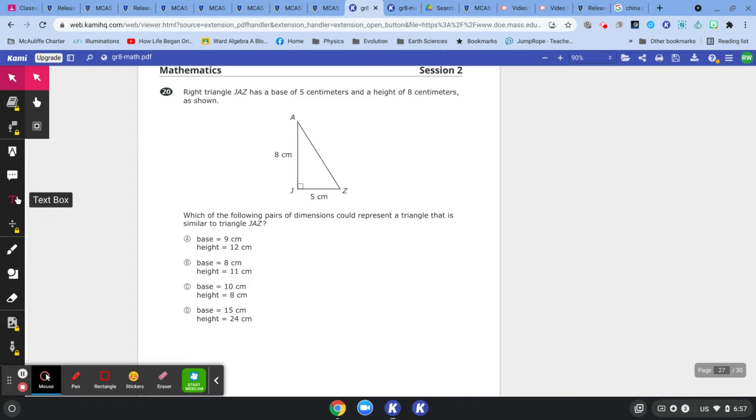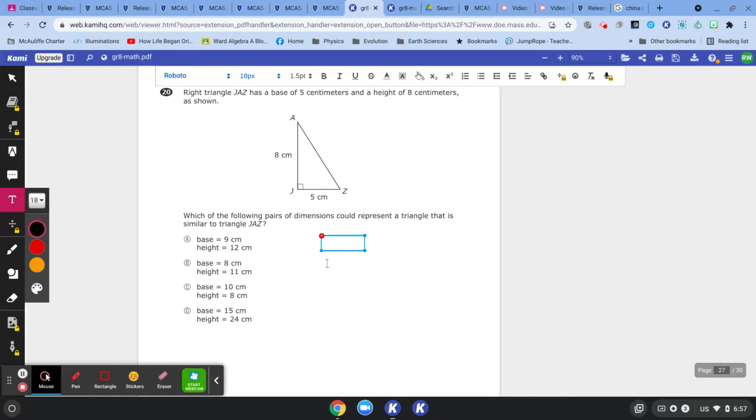The bottom should be called a base. So let's set up some proportions. The base is 5 centimeters, and the height is 8. So we have a base to height, which is 5 to 8.